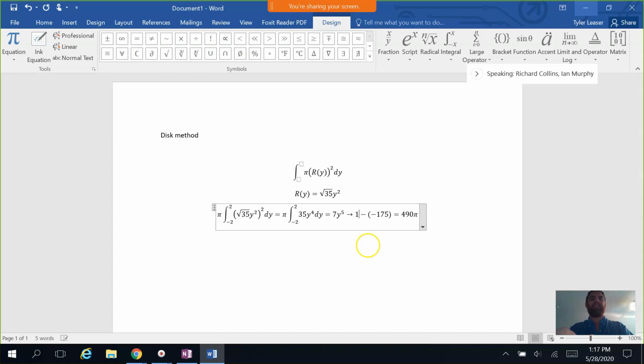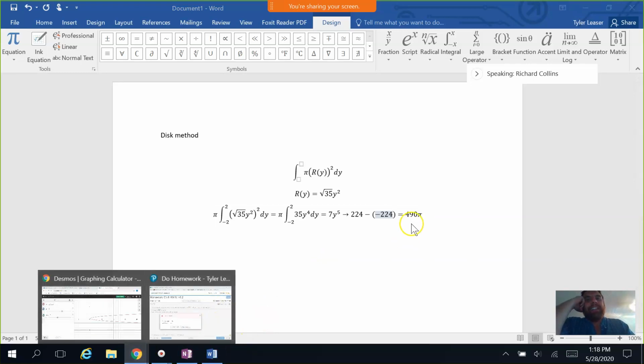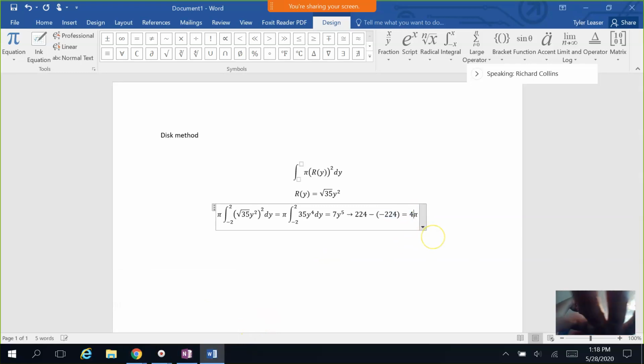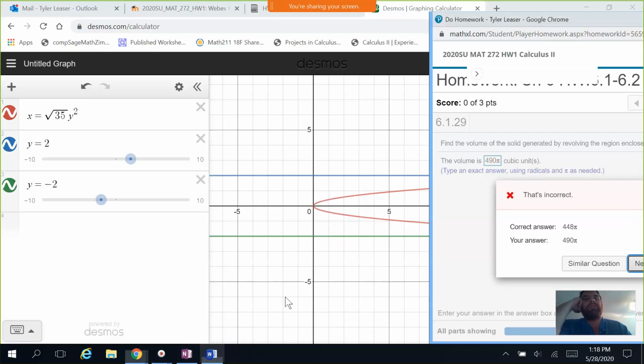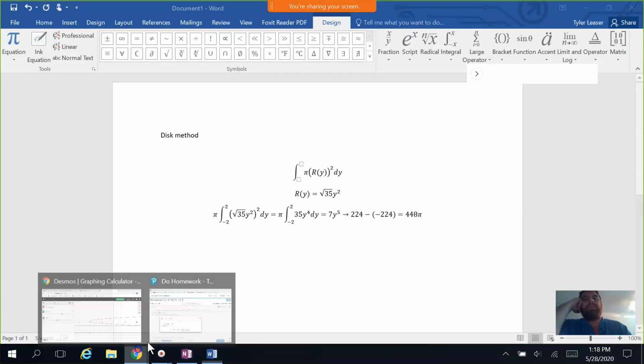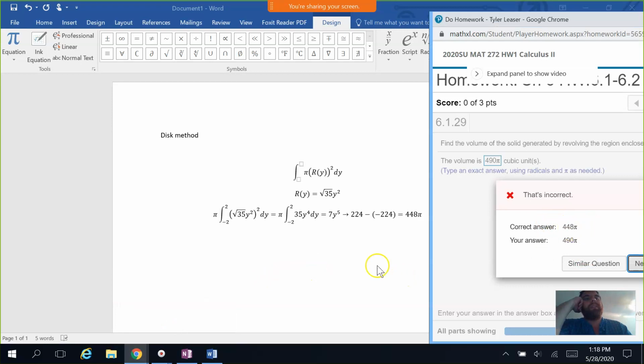Oh, man. There we go. So yeah, that doubles to be the 448. So that was my calculator's fault. I'm not going to take blame for that one. I definitely hit the right button. It just didn't show up right. So 2 to the 5th, that's going to be 32, right? And then 32 times the 7 is 224. Which gives us the 448 pi.